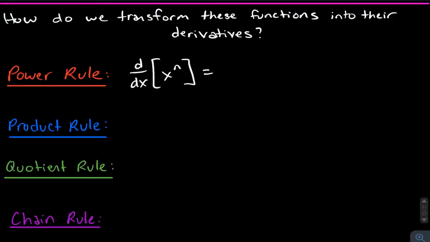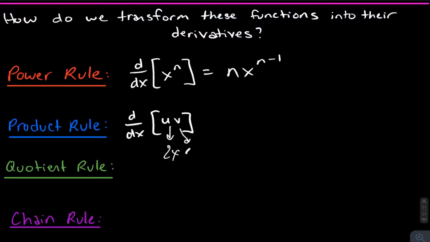So the derivative of x to the n is n times x to the n minus 1. And if you took a derivative of two functions being multiplied together, one function u, one function v, which are both functions of x, like u is 2x and v is e to the x, something like that, your derivative is u prime v plus v prime u.